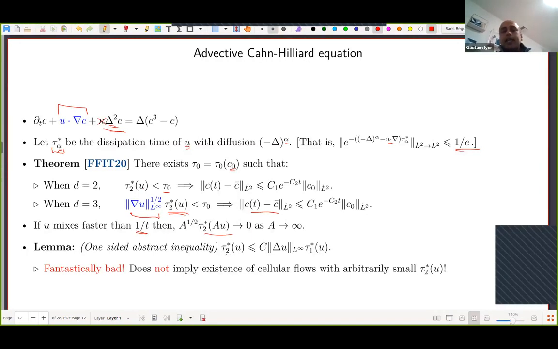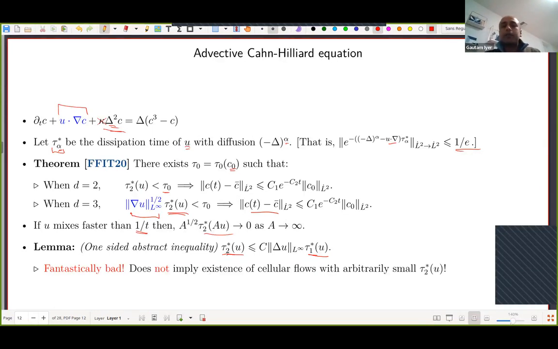Which is, can I estimate tau star 2 in terms of tau star 1? And if I can, I already know what tau star 1 is for these flows. So maybe I can use that and win. It turns out I can. Here's the estimate I get.